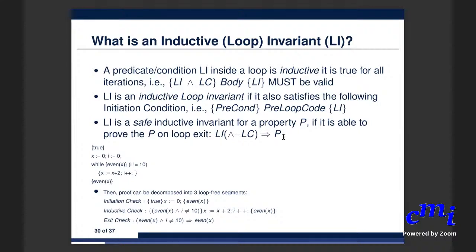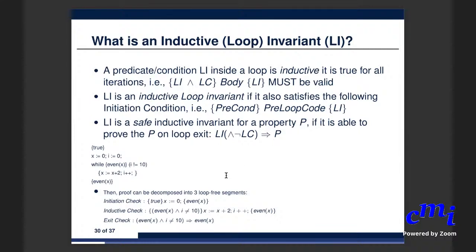Okay, so if you can propose a loop invariant that satisfies these three conditions: the initiation condition, the inductiveness condition, and the exit condition, that is sufficient for you to establish that if you start from whatever assumption in the program, when you exit the loop, the given post condition is guaranteed to hold.